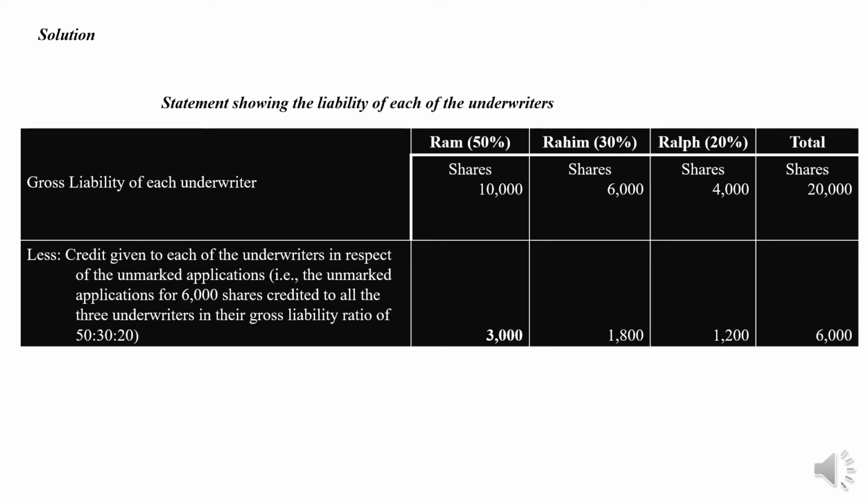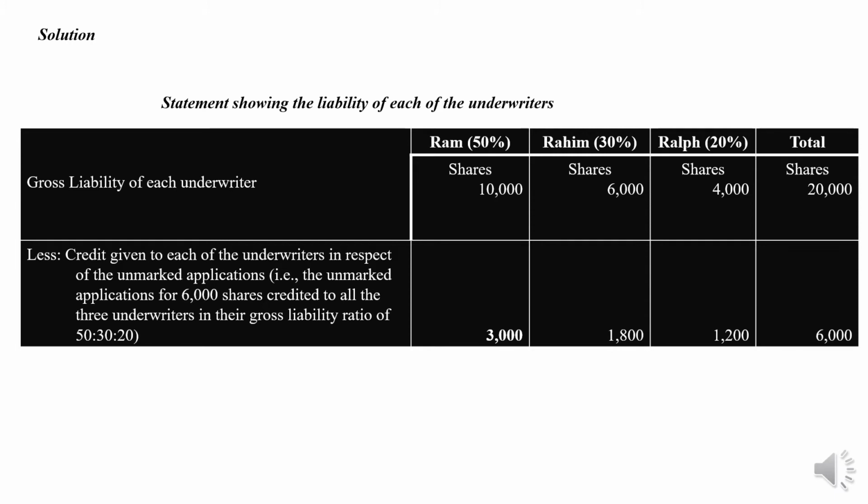So the gross liability of each underwriter: Ram 10,000, Rahim 6,000, Ralph 4,000. The total number of shares issued by the company is 20,000. So this 20,000 has to be divided based on the proportion of underwriting by the underwriters.